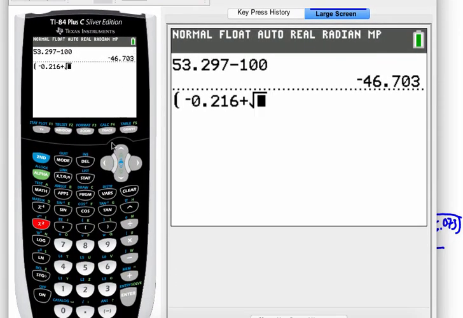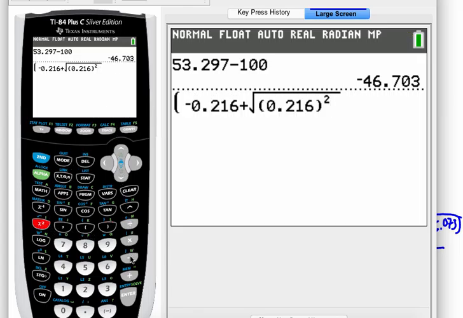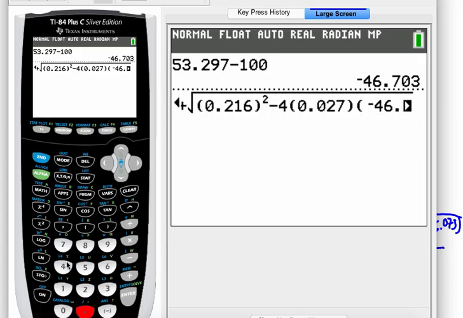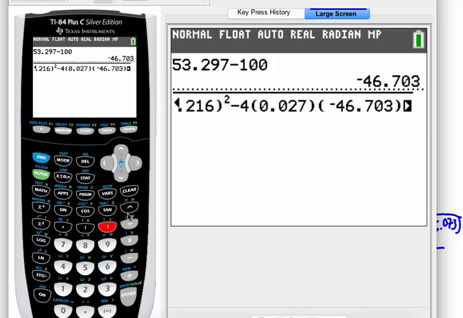And then parentheses, make sure you put the parentheses in. 0.216 quantity squared minus 4 times a, which is 0.027, times c, which is negative 46.703. Okay, close parentheses. So that's my radicand.